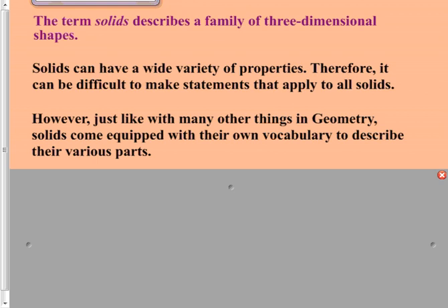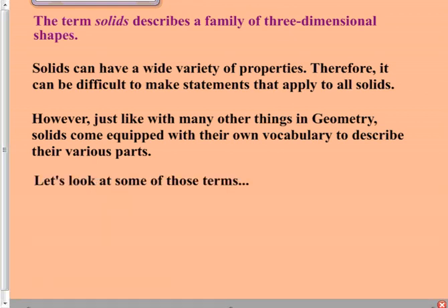Because ultimately, as many of you have found out the hard way, if you don't learn to speak the language of the class that you're taking, it becomes basically impossible for you to have any success in that class. Some of you need to turn that ship around, get it headed in the right direction, and realize that, hey, I need to start studying vocabulary for geometry. Make some flashcards, do whatever it is that you need to do in order to learn your vocab.